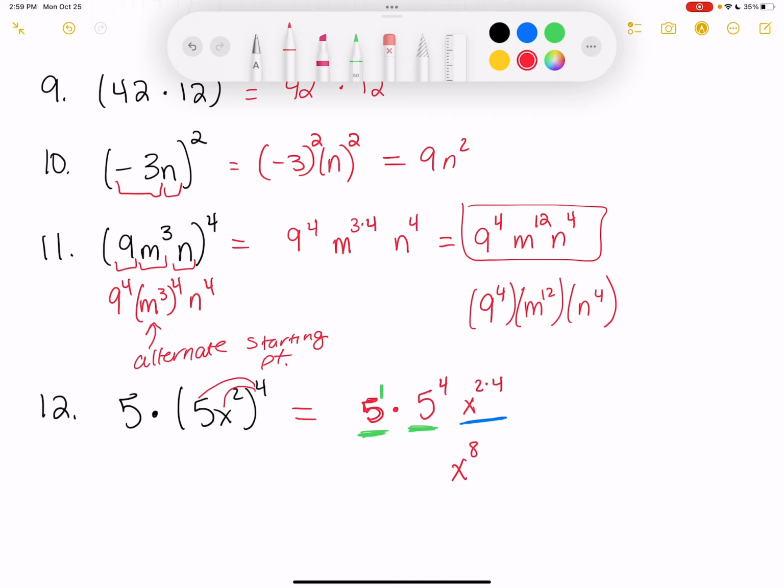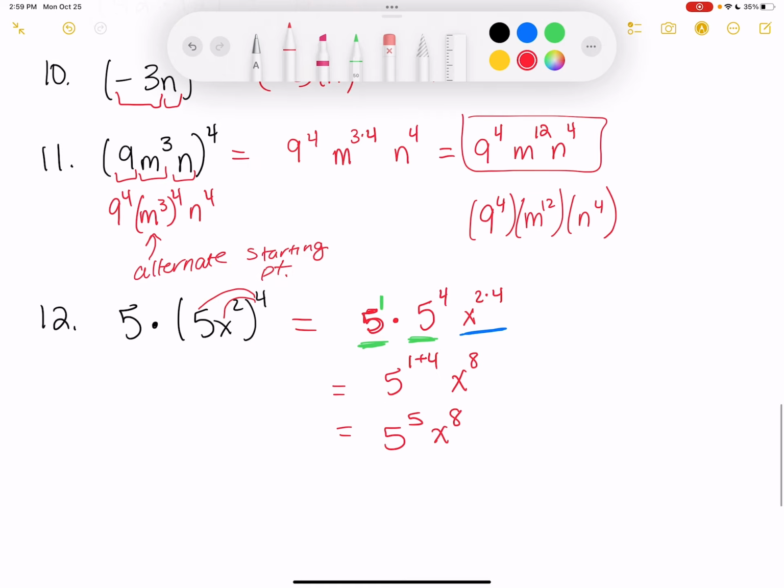Look at point 2 over there. Add or subtract. So you're just adding them? Okay, so I'm going to add them together. So 5 to the 1 plus 4, which gives me 5 to the 5th times x to the 8th. Oops, sorry, let me slide it up some. And that's the answer. Yep, that would be it.